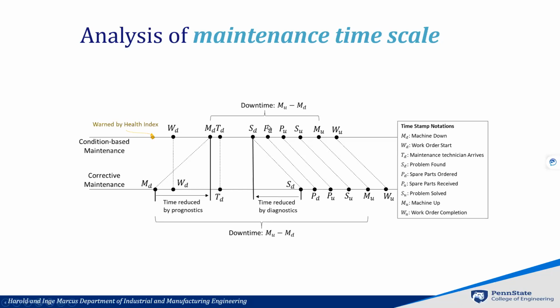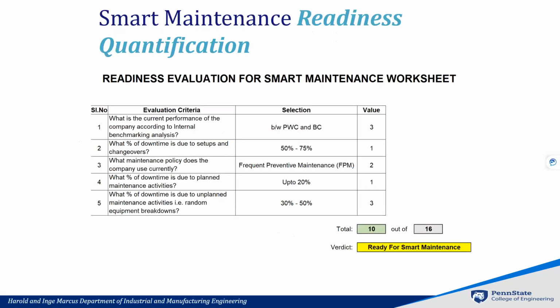When you employ condition-based maintenance, it offers prospects of reducing the downtime on your equipment, and that in turn leads to significantly improved performance. So we have a readiness evaluation benchmark that looks at all of these things, and based on it, if it reaches a particular threshold of 10 out of 16, that's how we score it.